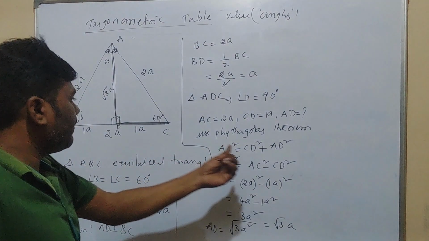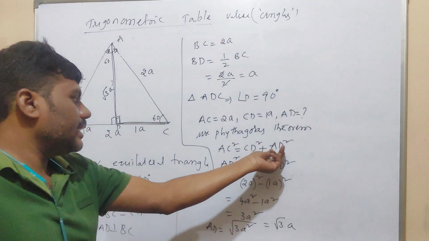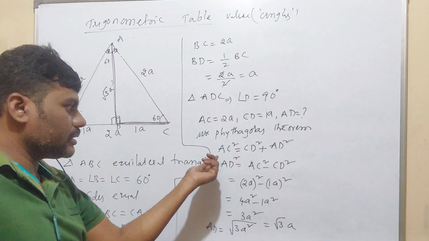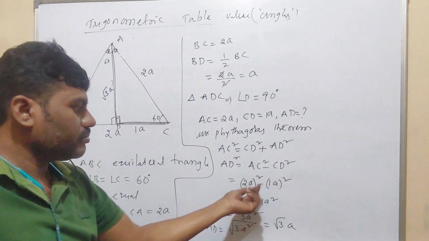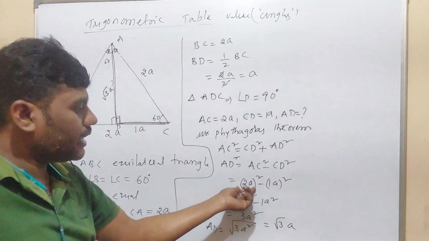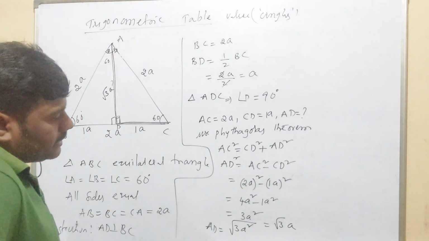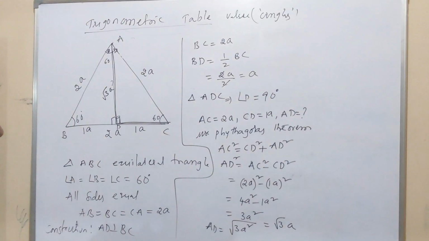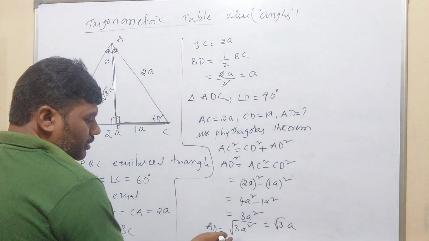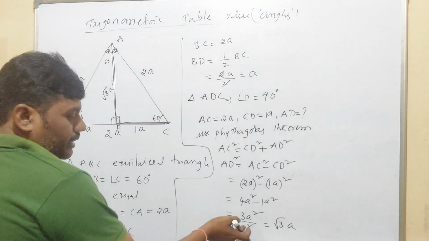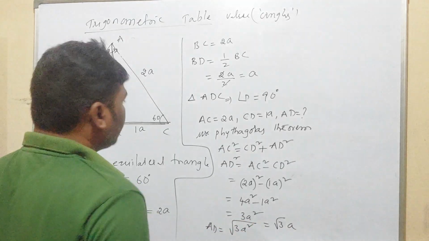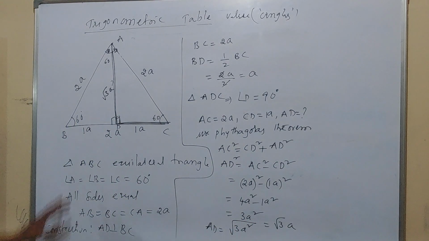I want the AD value. AD square equals AC square minus CD square. AC is 2A whole square, CD is 1A whole square. 4A square minus 1A square is 3A square. So AD equals root 3A square, that is root 3A. These are all the values you know.